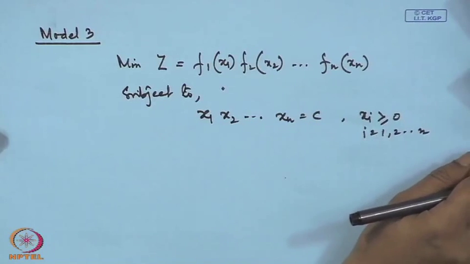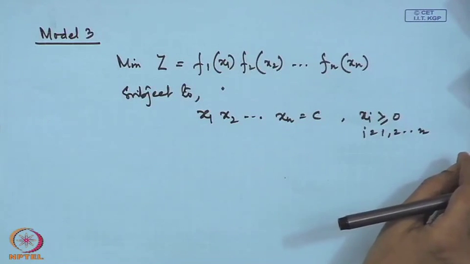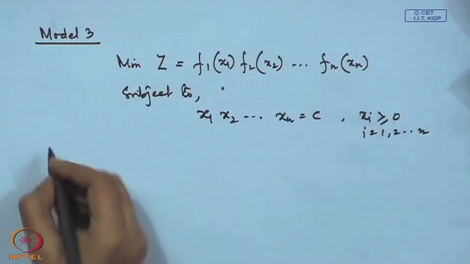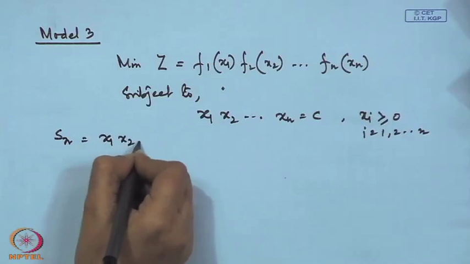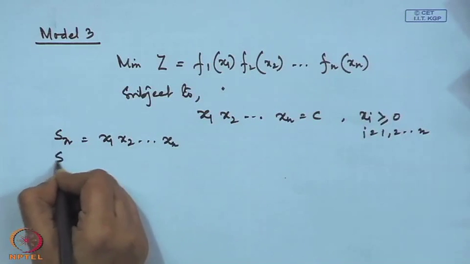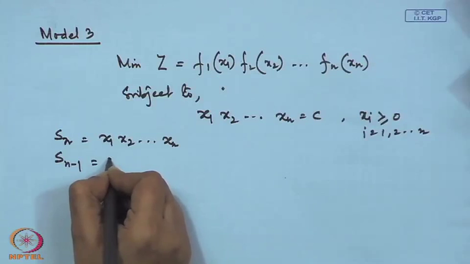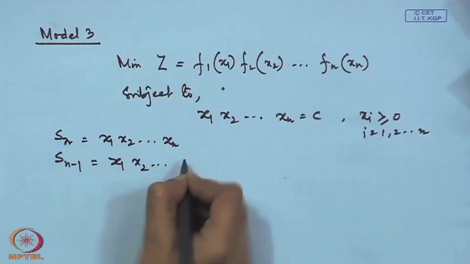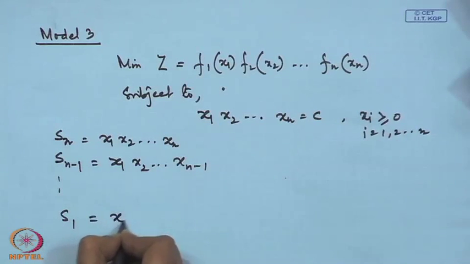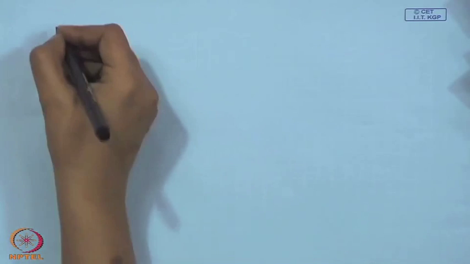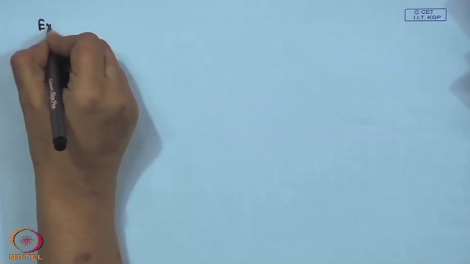Now, here also we can solve it by dynamic programming technique, and we need to declare the state variables. In this way we will proceed further and we will get s1 equal to x1, alright. And from here we can calculate the state transformation equation as well.